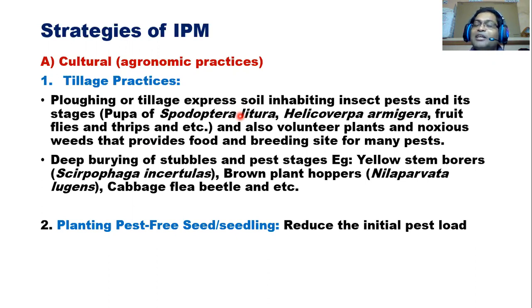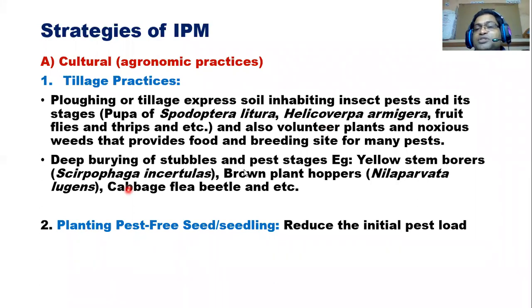So birds pick them up, which reduces the pest load, and then the next season the pest population will be less. Also, at plowing time you are destroying breeding sites, especially of grasshoppers. Grasshoppers breed inside the soil, so you are exposing the egg pods, which helps to reduce the initial pest load.